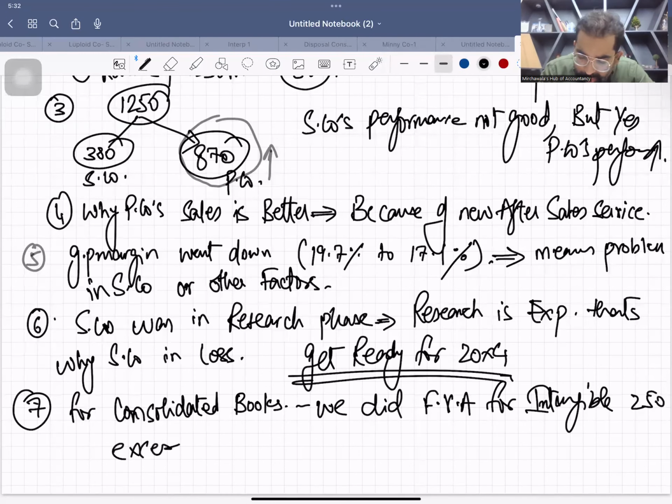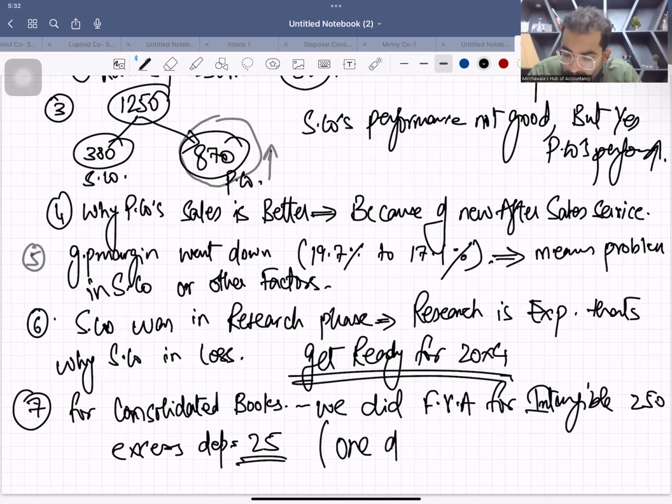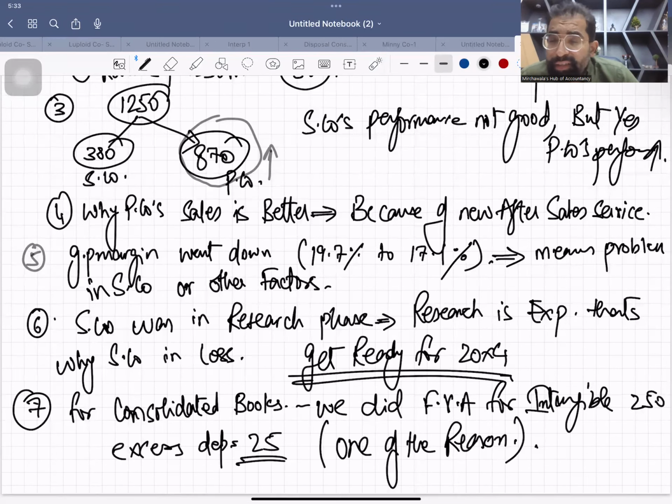This excess depreciation must be part of the consolidated income statement, and that's why the consolidated income statement expenses are high and profits are down. So one of the reasons for low performance in 2003 in the consolidated books is the excess depreciation for this fair value adjustment of intangibles, right?